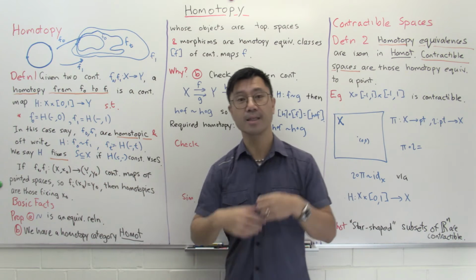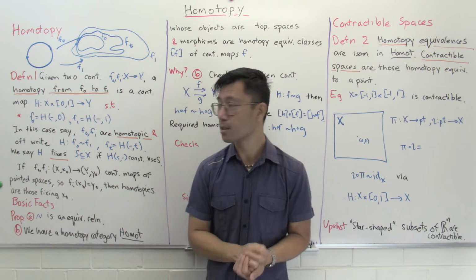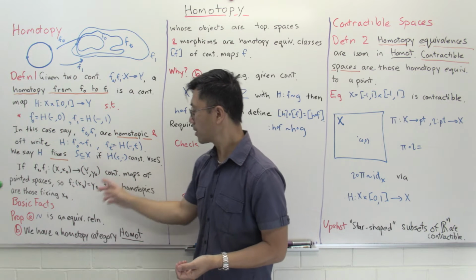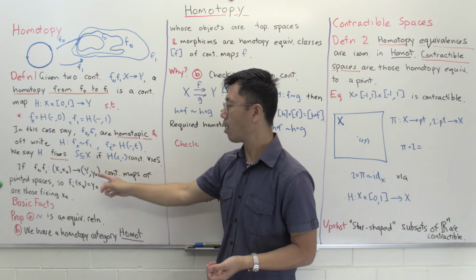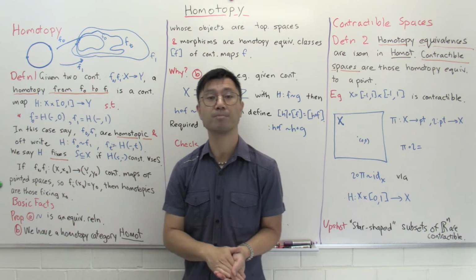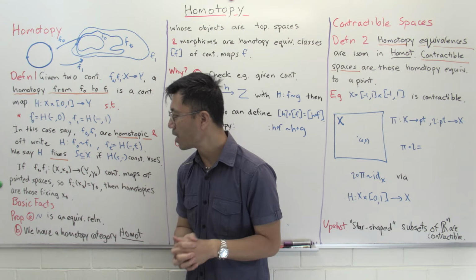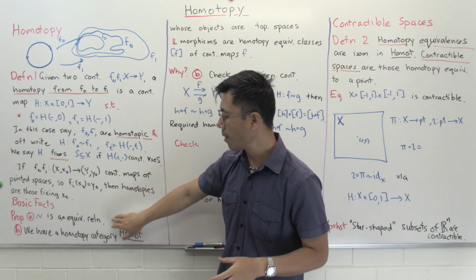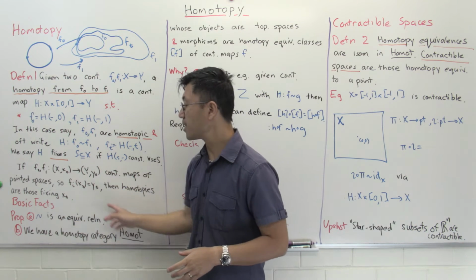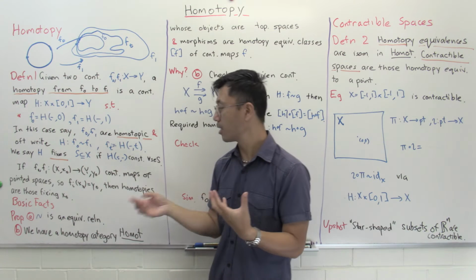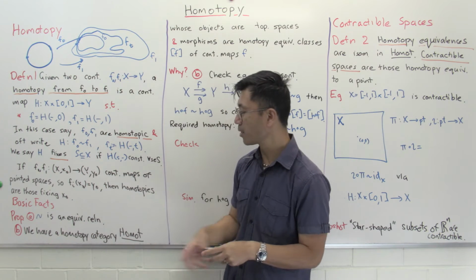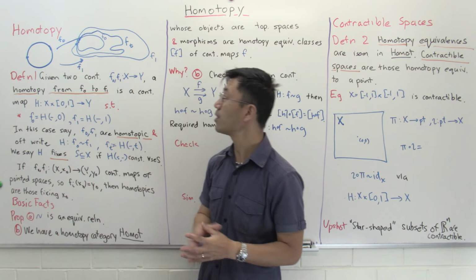I've stated them in the context of topological spaces, but it's also true in the context of pointed spaces, and that's something that will be used in future. Let's just see roughly why it's true, and I don't want to go through the proofs in detail. Sometimes it's best to just think geometrically about what's going on. So I claim that tilde is an equivalence relation.